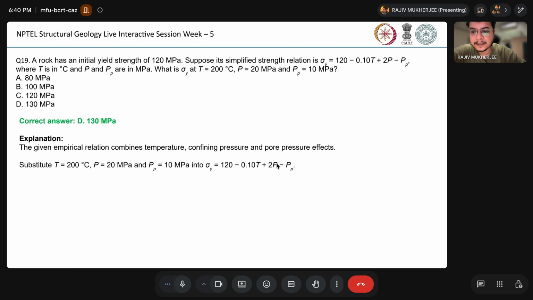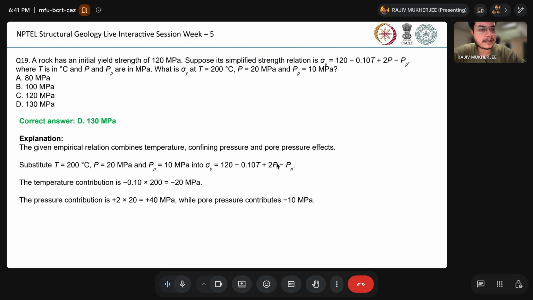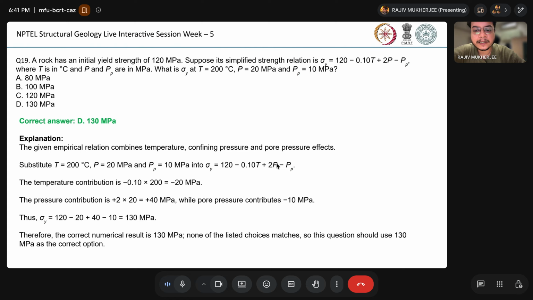So we simply substitute the values, 200 degree, pore pressure and the confining pressure in the equation given, and the temperature contribution is minus 20 megapascal, pore pressure is minus 10 megapascal, and thus simply adding all these components together we get a yield strength of 130 megapascal. So therefore the correct numerical result is 130 megapascal.